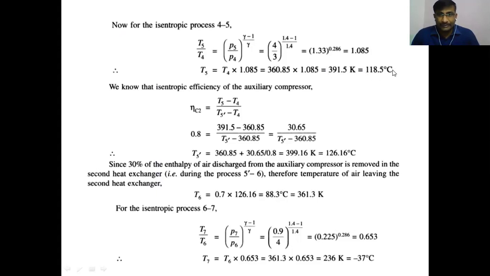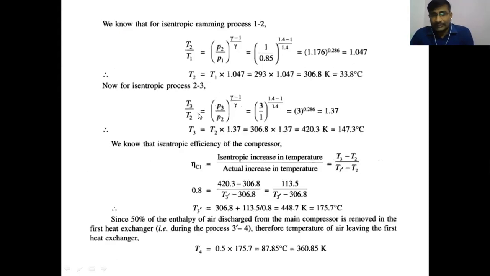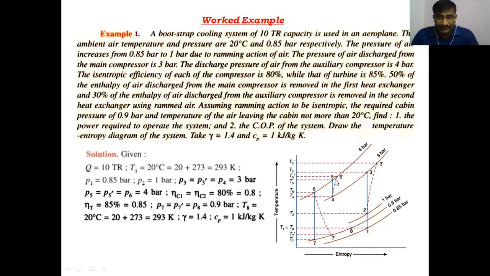In degrees centigrade, it is 118.5. Kelvin can be converted into centigrade by subtracting 273 from the value in kelvins. Then we apply the auxiliary compressor efficiency formula for the auxiliary compression process: isentropic temperature rise divided by actual temperature rise.